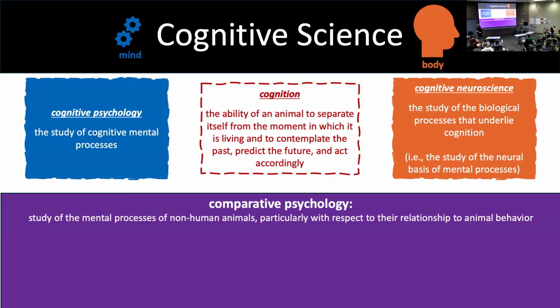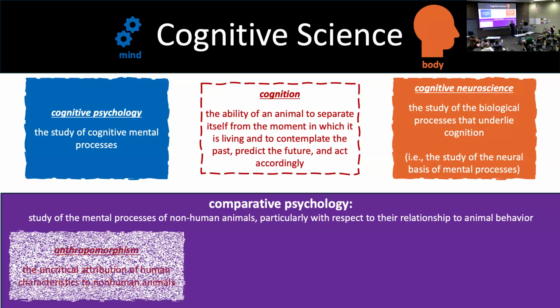And then on the more non-human side, we have comparative psychology, where if we assume that these cognitive processes exist inside non-human animals, then how can we do similar studies of them? If there's a benefit to studying human behavior using cognition, the comparative psychologists, or sometimes comparative animal psychologists, would argue that there's a benefit for studying animal behavior using these processes.